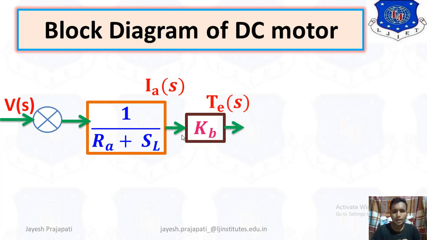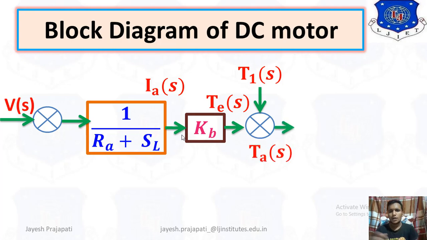Then the air gap torque TE of S, then a summing point with T_L of S, that is the load torque. So the net acceleration torque TA of S is equal to TE minus T_L. That is also what we write in electromechanical modeling.